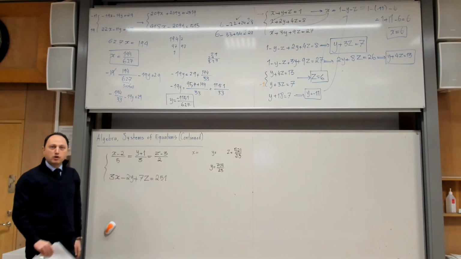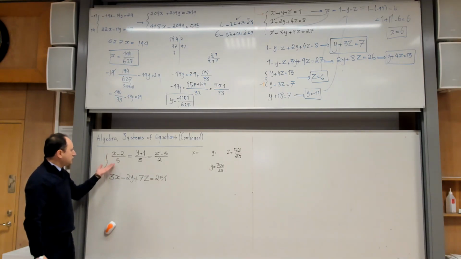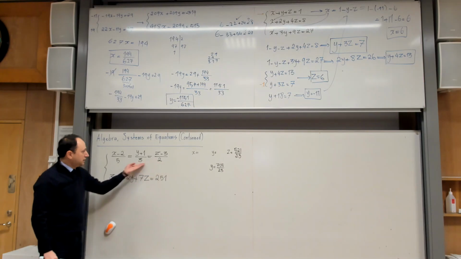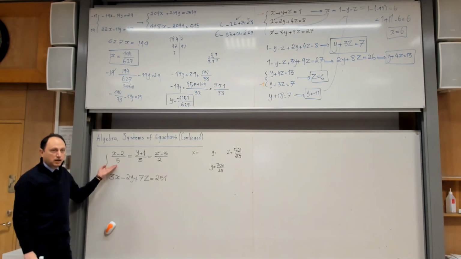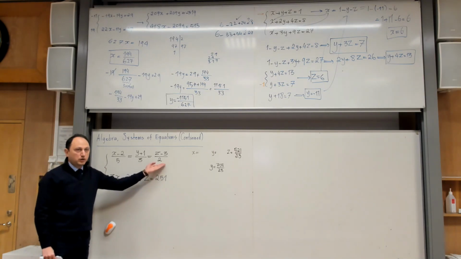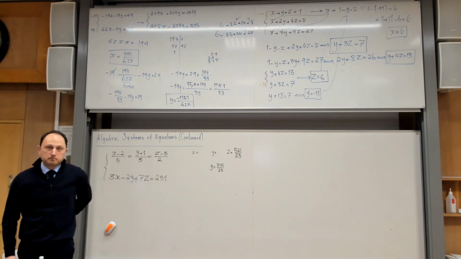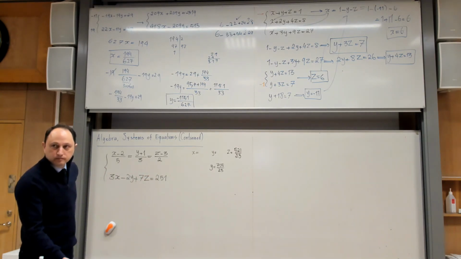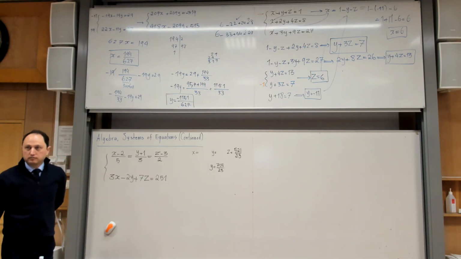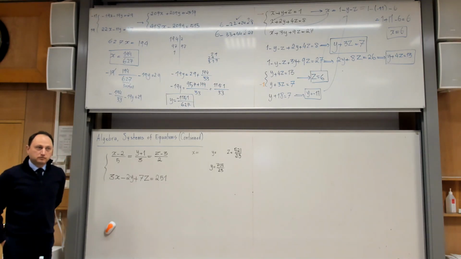But now forget about this. Now I ask you one more question. If I just give everything that you see here to Geogebra and ask Geogebra to draw the graph of what you see here, what do you expect to get? A plane again?